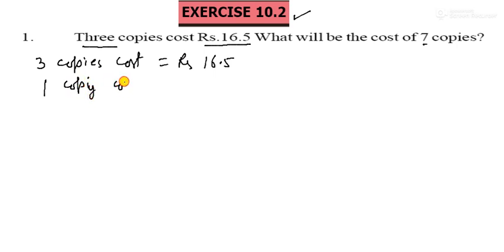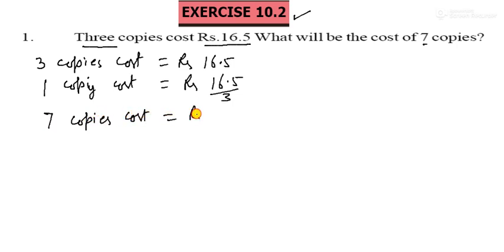So you can find first 1 copy. 1 copy cost is equal to rupees 16.5 divided by 3. Now come to 7 copies. Cost will be 16.5 divided by 3 into 7.